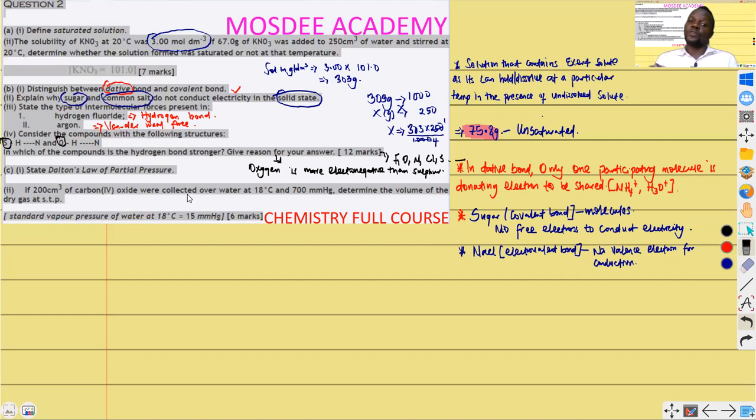And the reason is because of the size again. You understand? You know the position of sulfur in the periodic table, and that of oxygen is 16 to 8. So oxygen has a smaller size, so it is also going to have a higher hydrogen bond. So these are simple things you need to know.